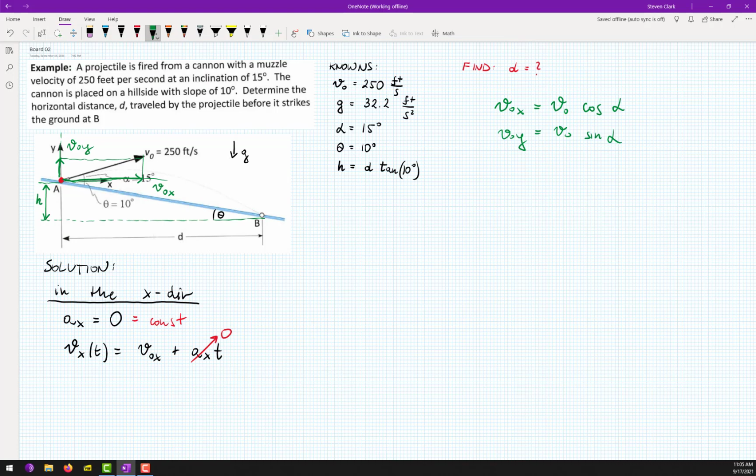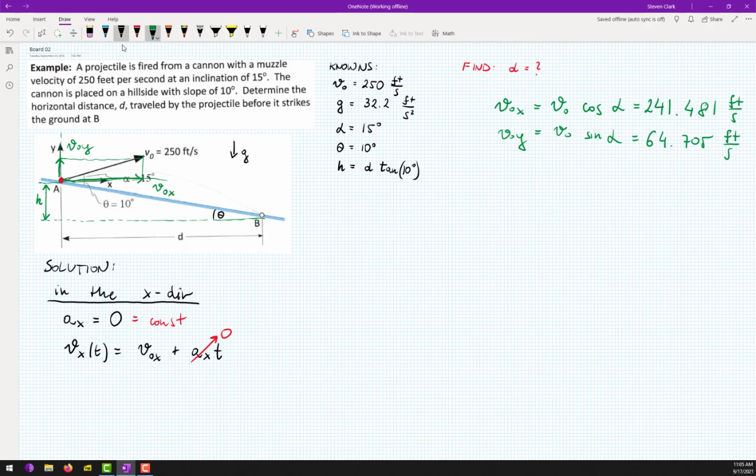We can also plug in numbers. You can plug in values and obtain 241.481 feet per second for v0x, and 64.705 feet per second for v0y.